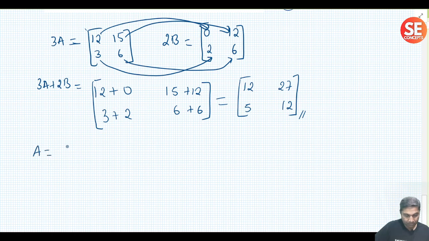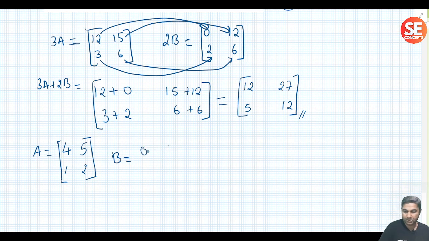A is equal to 4, 5, 1, 2, and B is equal to 0, 6, 1, 3.